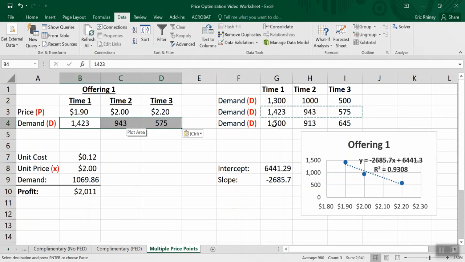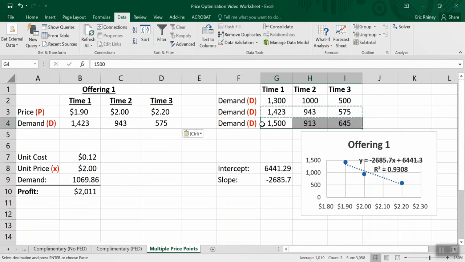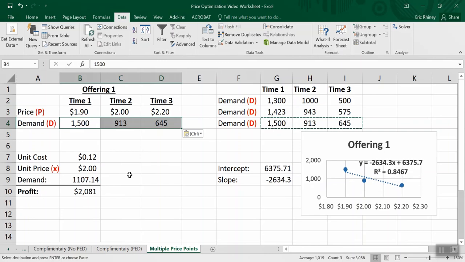All right, so I'm now going to add in this third set of data points. And now you see our R squared is 0.85. So it is not doing such a great job of really estimating what actually occurred.